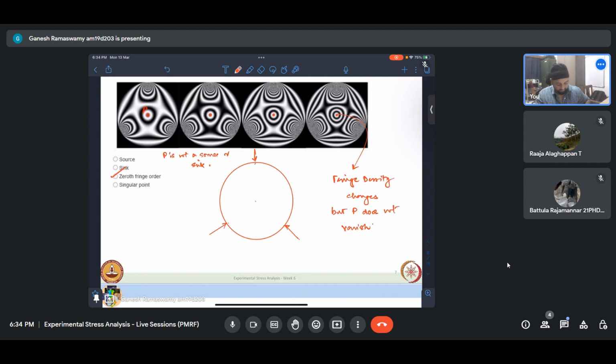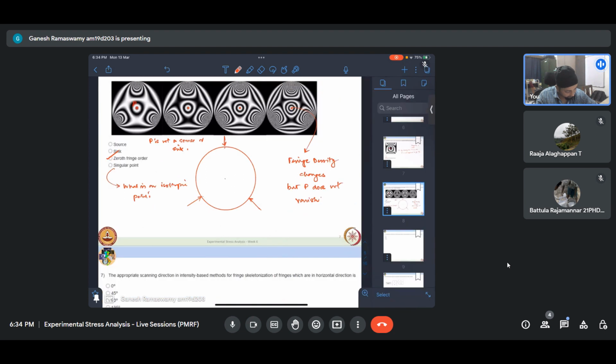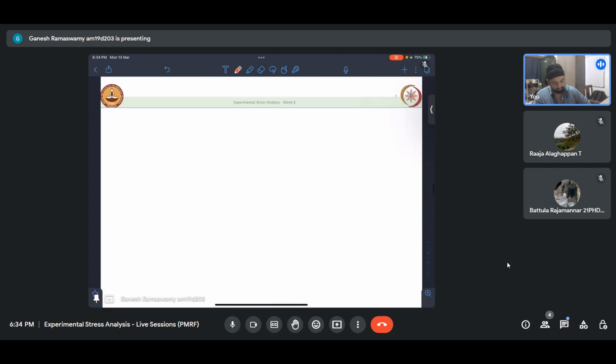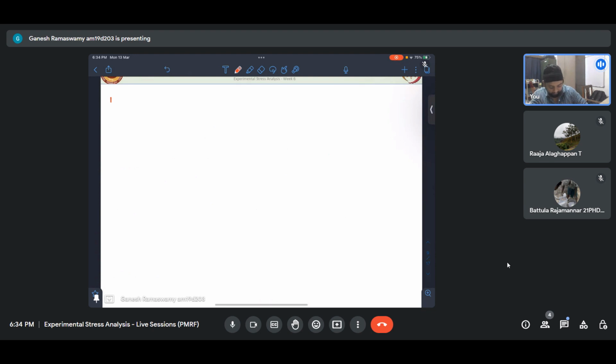Now what is a singular point? Before that, we must ask the question, what is an isotropic point? So let me go a little bit about these, which are essentially for fringe ordering.